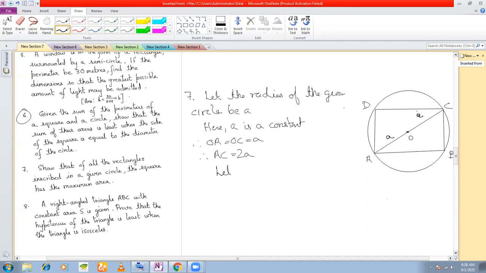Okay, now once we have defined the radius, now we define the sides of the rectangle. Now you need to show that this rectangle has maximum area and it is a square. So how do you show it is a square? You just show length is equal to breadth, and if length is equal to breadth, then it is a square. So first I define, let the length and breadth of the rectangle ABCD be L and B respectively.